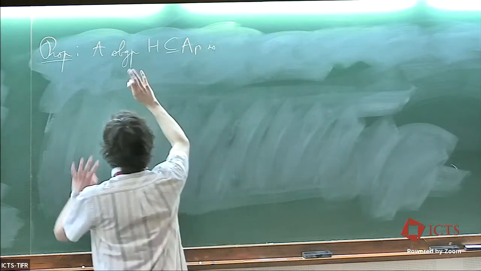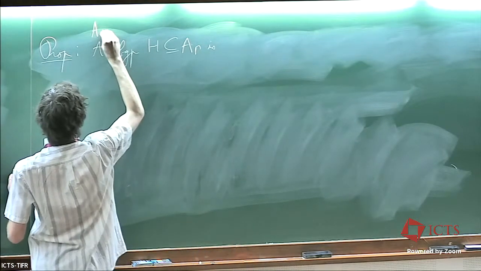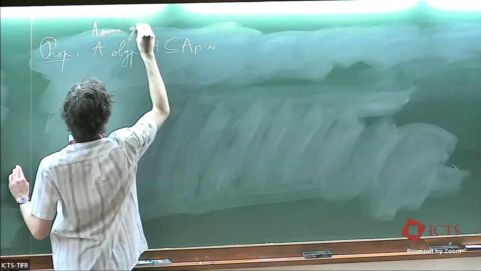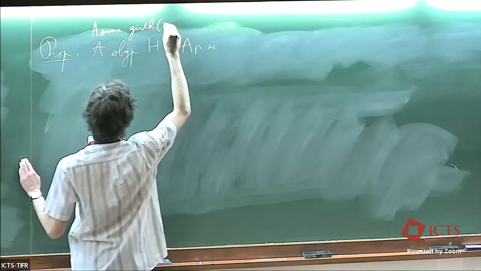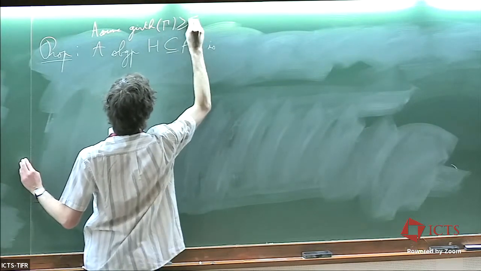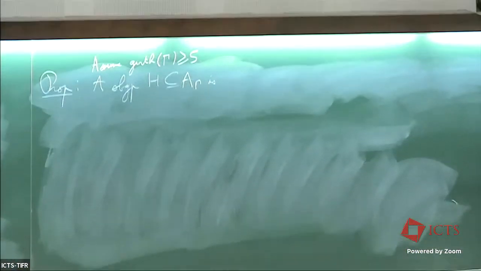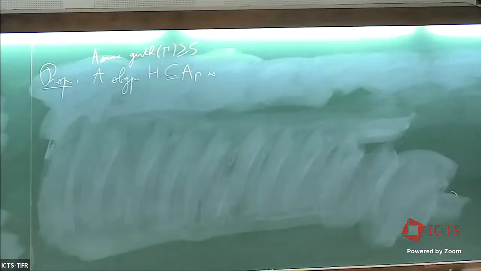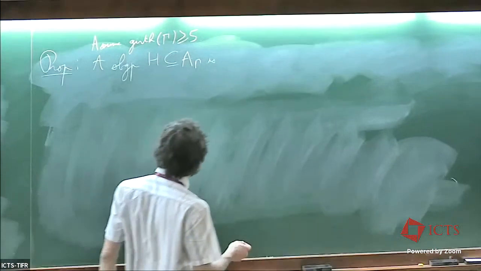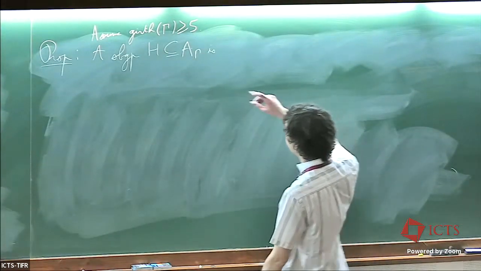So let me give the statement under the assumption that gamma is triangle free and square free, because the statement is a bit simpler in this case. We have a generalization to all graphs with finite out RAG.